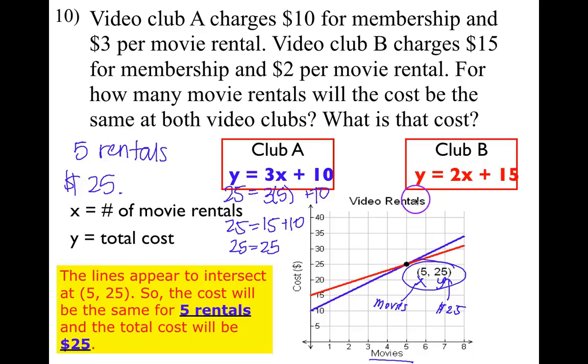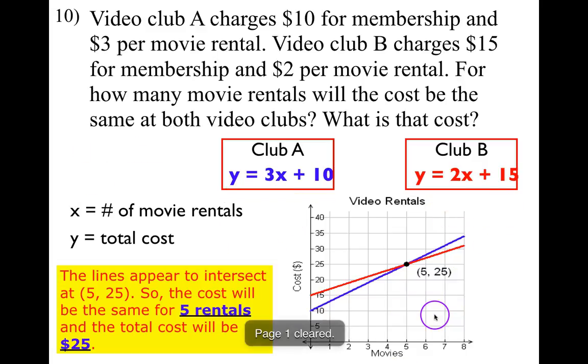Now for Club B, same thing. y is 25 equals 2 times x, which is 5, plus 15. So 25 equals 10 plus 15, and 25 equals 25. So both of them are true, and so I confidently say they will cost the same when there are 5 rentals, and that cost would be $25.